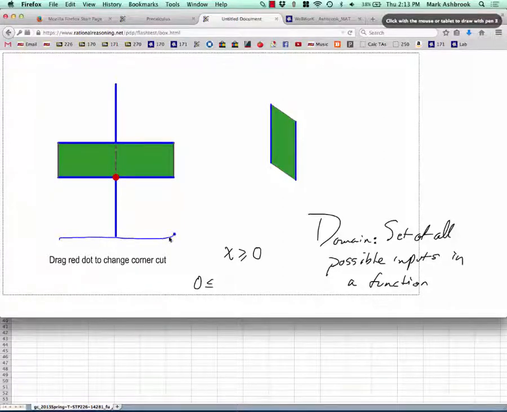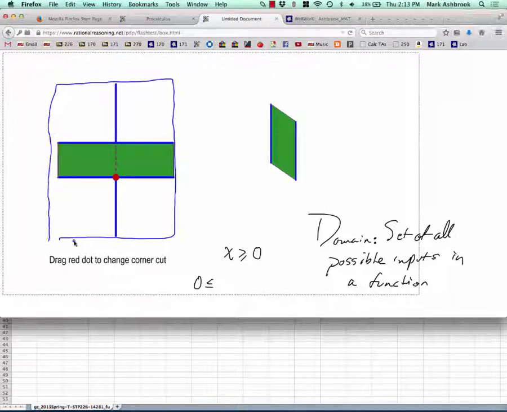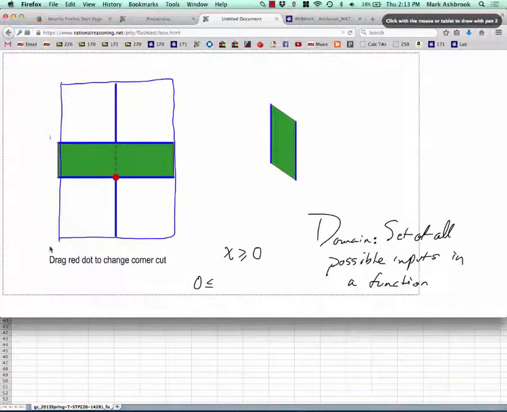Here's the original paper. So that's 4.25. That's 4.25. Okay. All right. So this is 4.25 by 4.25. Same with this one.